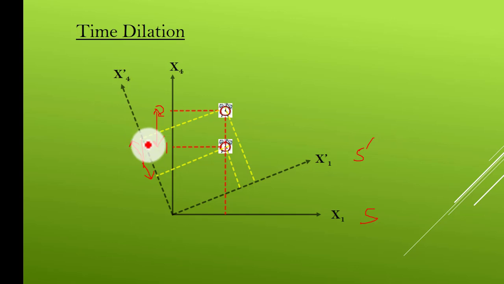So the time has dilated in this frame of reference, which was moving with velocity v. So in Minkowski space, this tells you how time dilation is going to be represented. Okay, thank you very much.